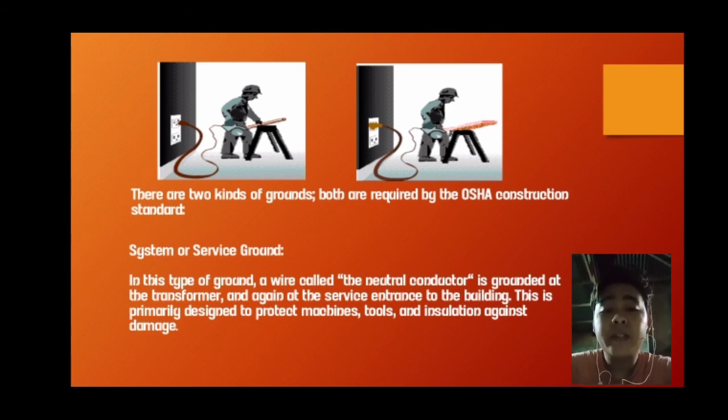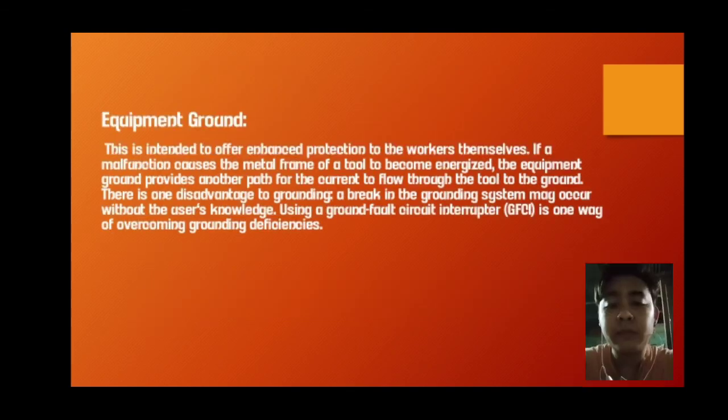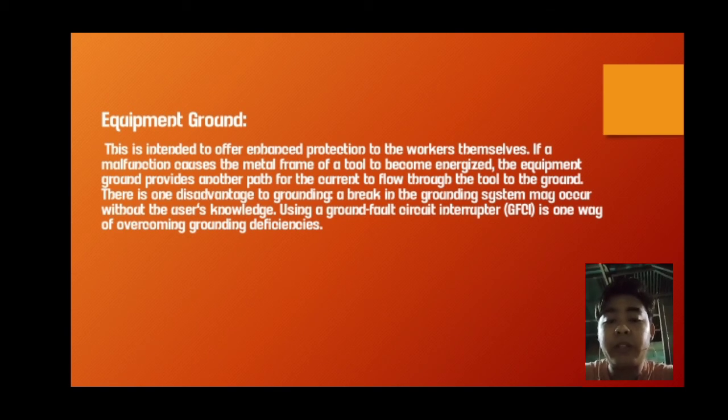System or service ground. In this type of ground, a wire called the neutral conductor is grounded at the transformer and again at the service entrance. Equipment ground. This is intended to offer enhanced protection to the workers themselves.